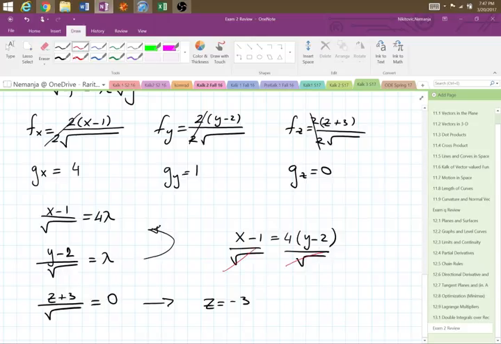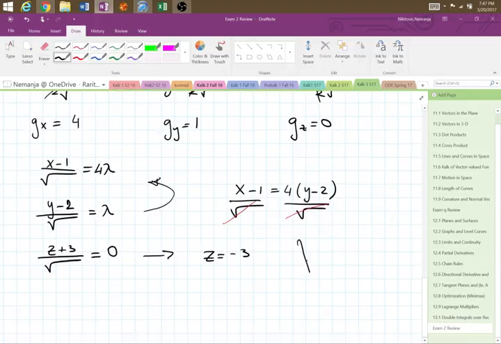There you go. So what I did is I replaced lambda into lambda, which takes this equation and plugs it in there. And then the denominators cancel. So it's quick for us to see the relationship here.